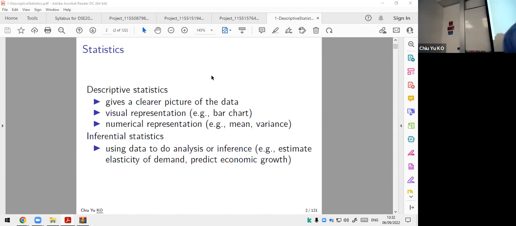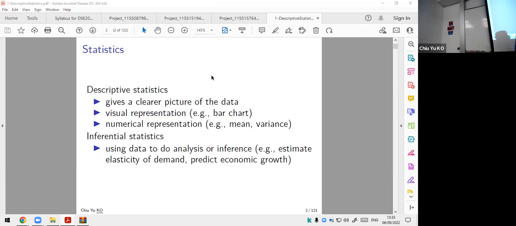So this is statistics, and statistics is classically divided into two different categories. Usually, if you learn this from a stat department, they will divide it into two courses. And indeed, when I was learning this 20 years ago, here they divided it into two courses. The first course is descriptive statistics, and the second is inferential.